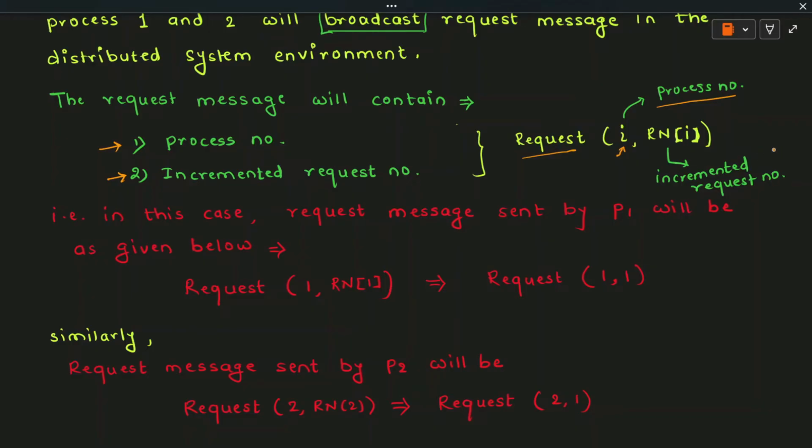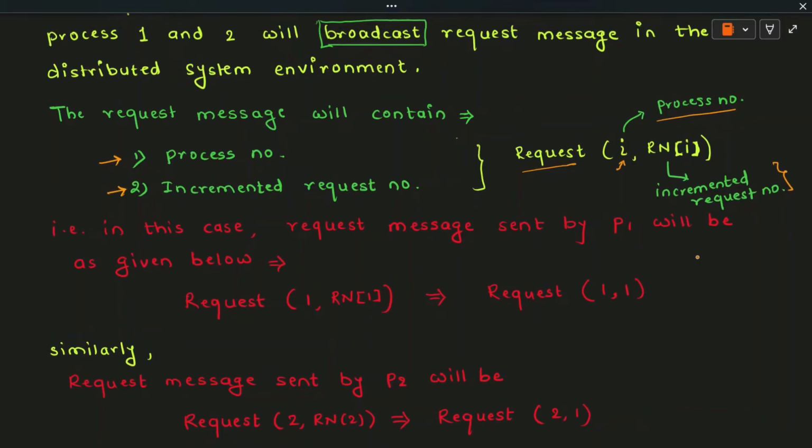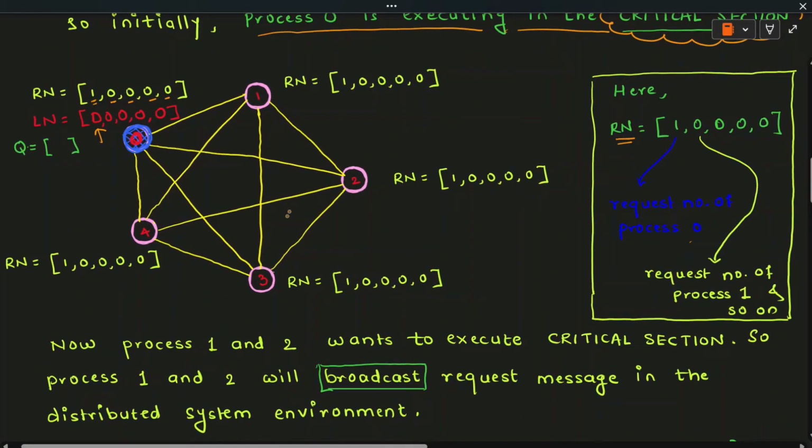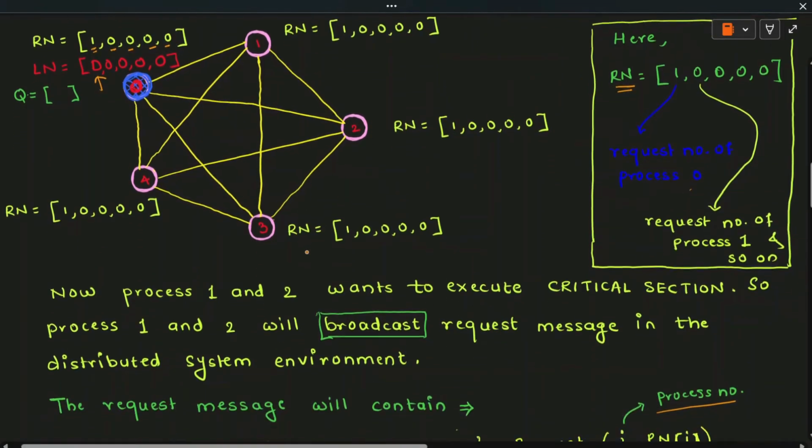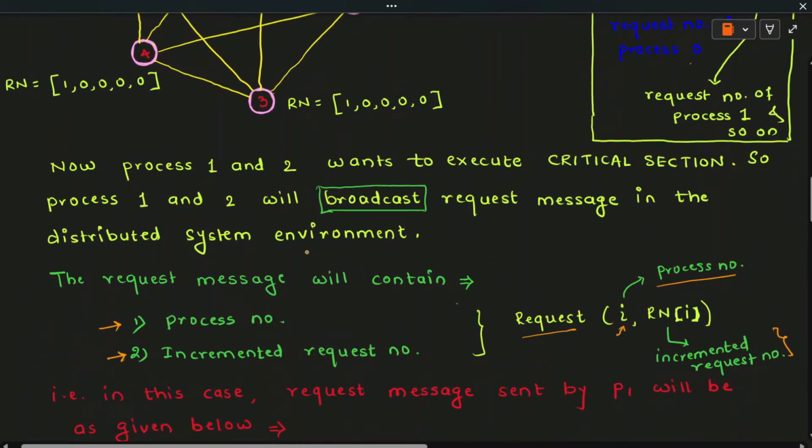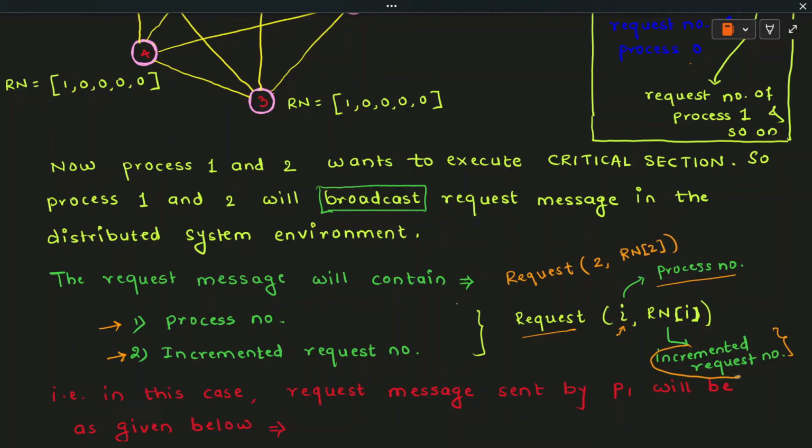Let us see what that incremented request number is. Now suppose in the above environment, if process 2 wants the token, then process 2 will broadcast the request message on the network, with the process number 2 and Rn of 2, but this Rn of 2 will be the incremented request number.